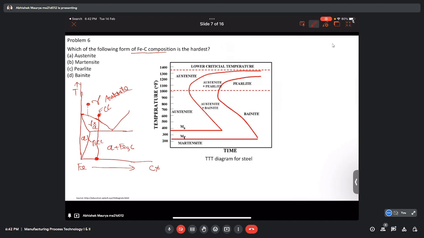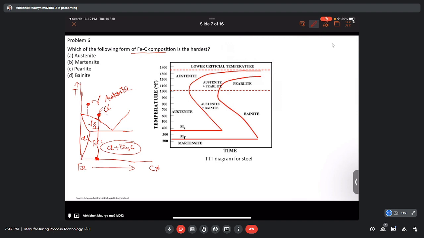For this composition of steel, if we want to change its properties, we will heat it and homogenize it to the gamma phase. Then alpha plus Fe3C at this composition will get converted into the gamma austenite phase.